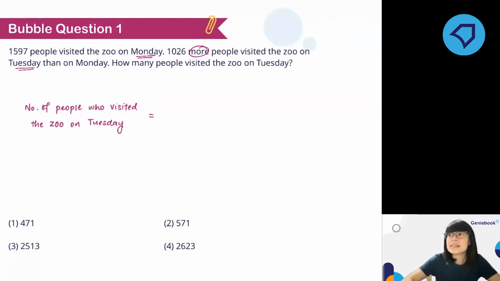And time is up. So let's take a look over here. Majority of you got the correct answer. Well done. So we know that Monday is 1,597. Tuesday has more. So in order for you to find the number of people who visited the zoo on Tuesday, we need to do our addition. You are correct, Yan. We need to do addition.